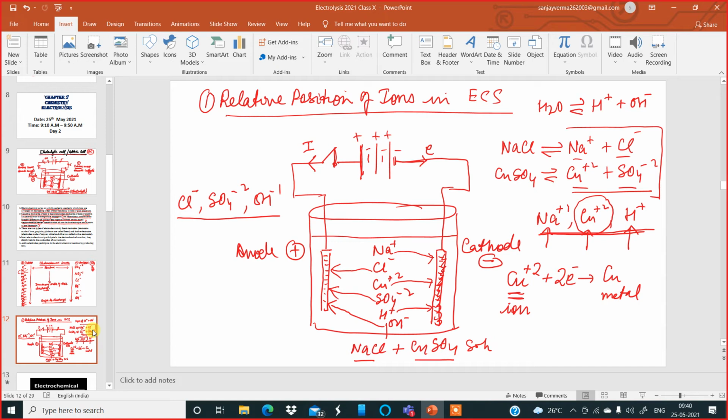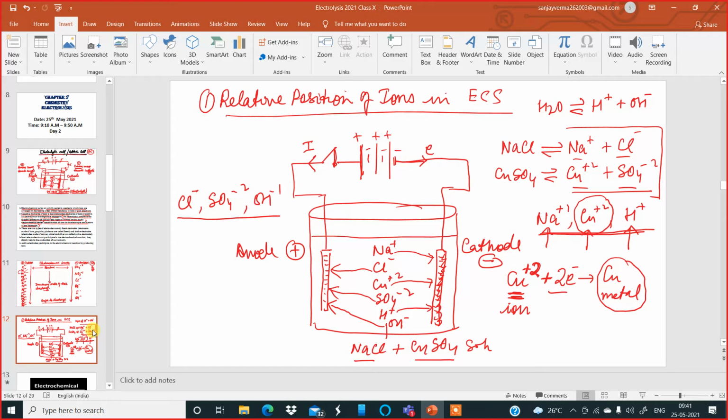Remember this, a very important point. Cu plus 2 means it is short of 2 electrons, so it will accept 2 electrons and become copper metal. So this is discharge.